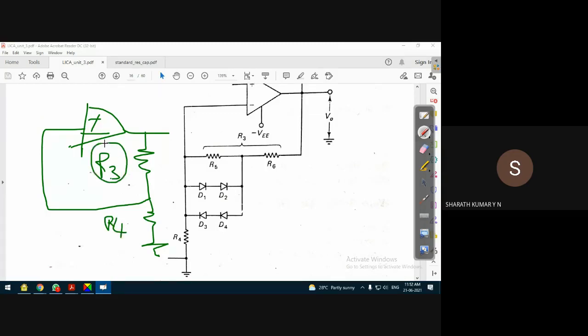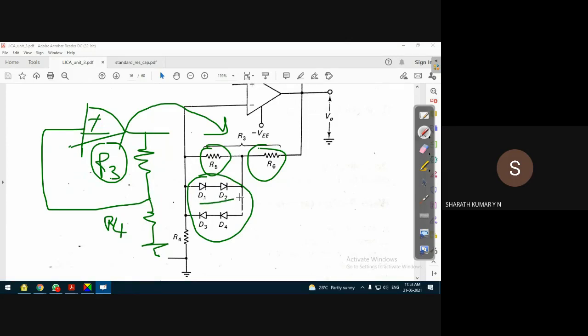This R3 is now divided into two resistors, R5 and R6. Across this R5, two pairs of diodes are connected, similar to the RC phase shift oscillator amplitude stabilization.